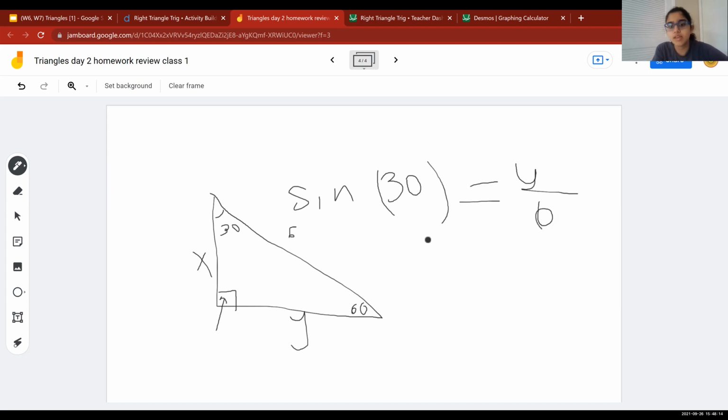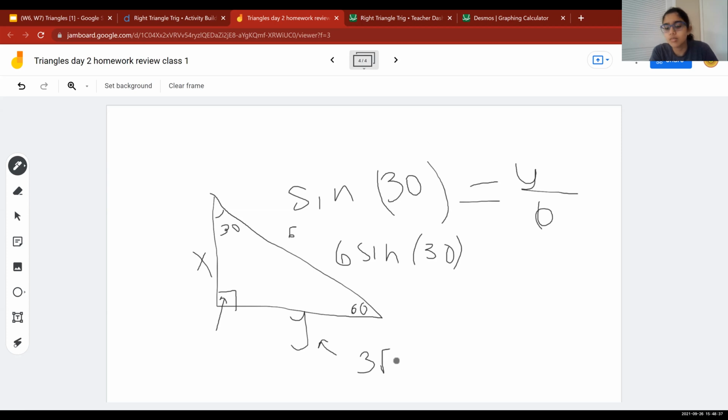When you plug this into a calculator, y is equal to sine of 30 times 6, because you're multiplying both sides by 6 to get y.